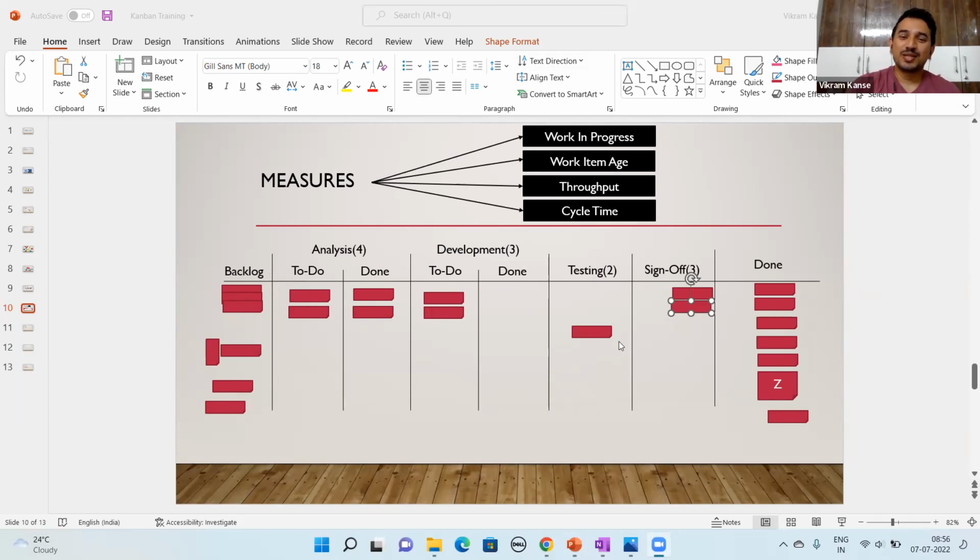It's up to the team, but Kanban doesn't have any say in it. But if you're using Scrum and using Kanban to support Scrum, then yes, you will be using story points there. But if you are only working in Kanban as a model, there is no rule that it has to be story points or hours.